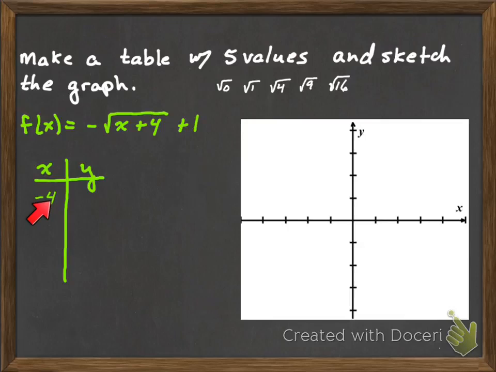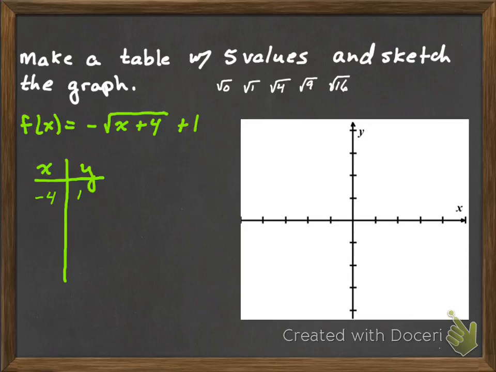Because if we put this -4 in for x, that gives us -4 plus 4, which is 0. Square root of 0 is 0. The negative does not affect that. And then you have a plus 1, so that gives us a y value of 1.